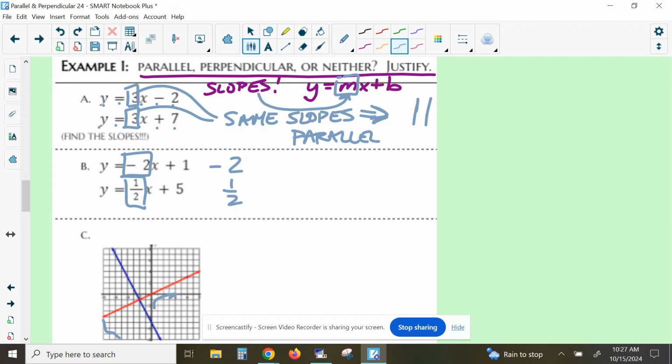So are those parallel? Are they perpendicular? Yes. Why? Because they have opposite reciprocals. And that means that they are perpendicular.